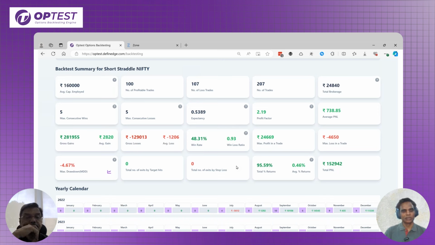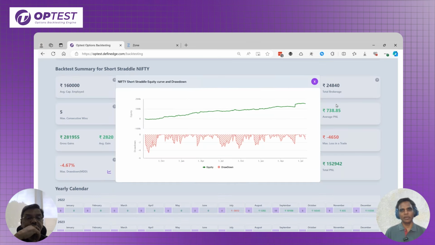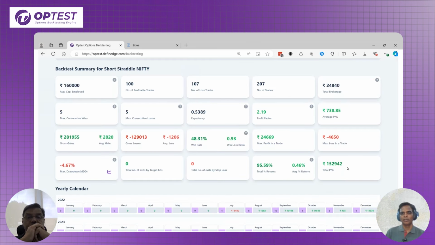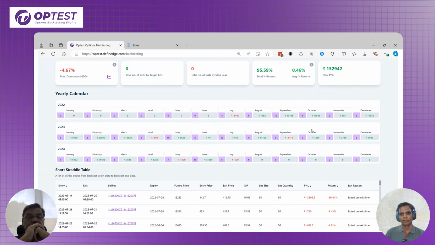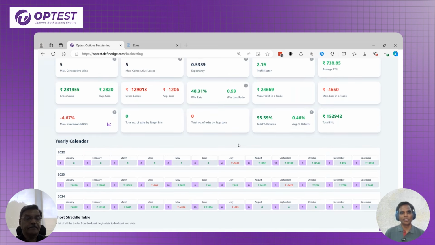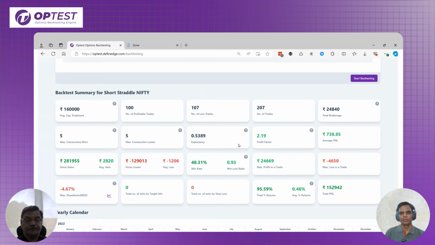And drawdown, super, just minus 5%. So 1, 2, 3, 4, 5 loss months in 24 months. Five negative months in 24. Overall looks good.